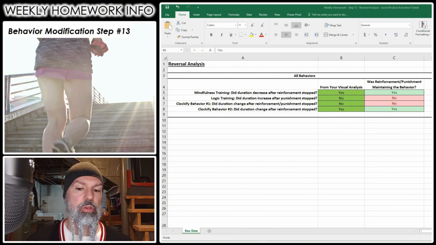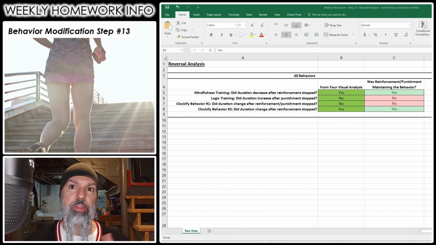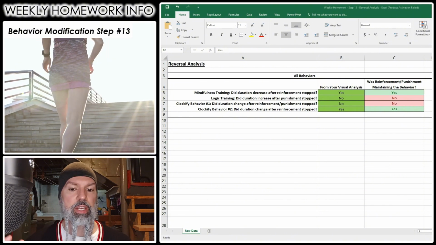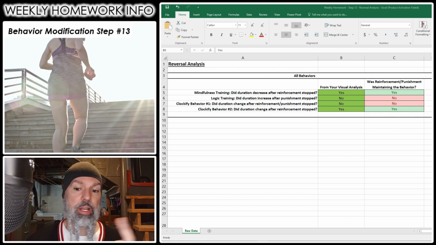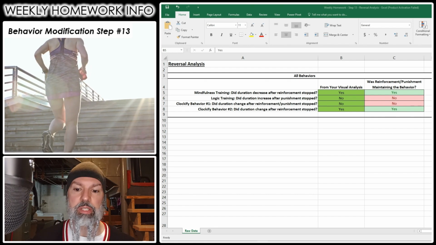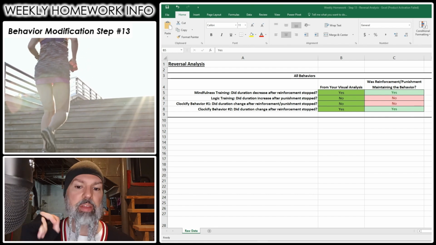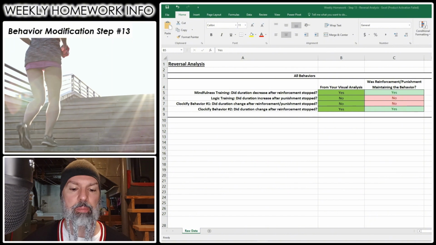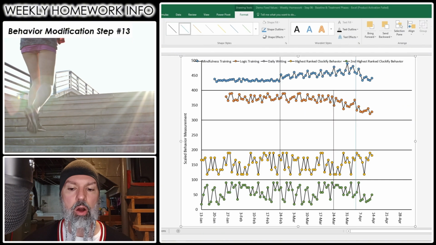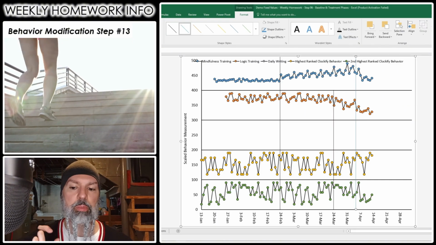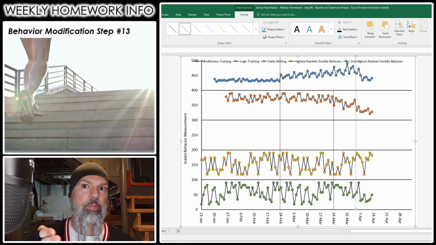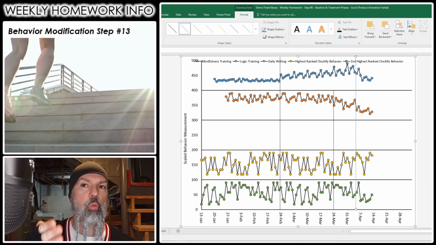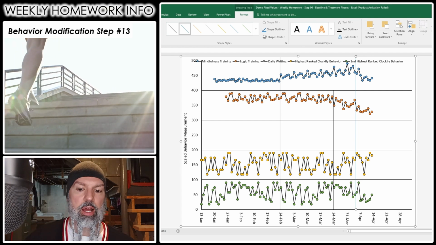So again, continue shaping your mindfulness training session length. See homework step 8 for a refresher if you need it. Continue shaping your logic training or your target clockify behavior. See homework step 9 for a refresher on that. And then what you're going to submit is your updated homework step 6 baseline and treatment phase Excel sheet with that extra phase line indicating when the reversal procedure began.